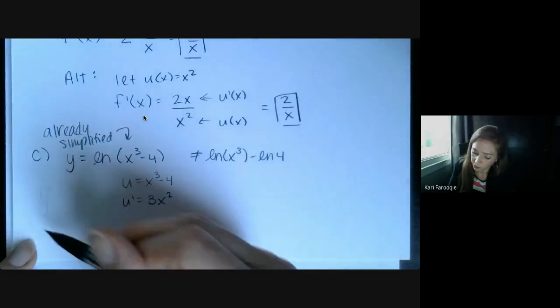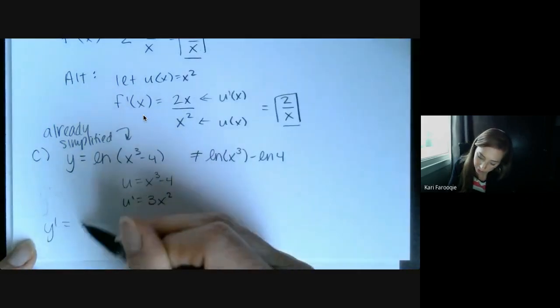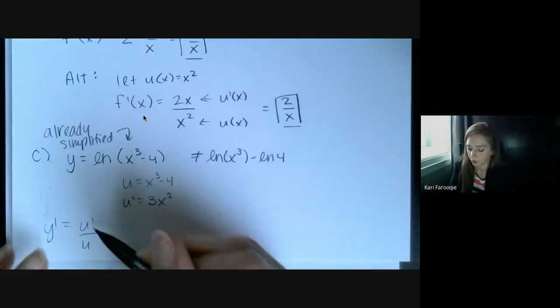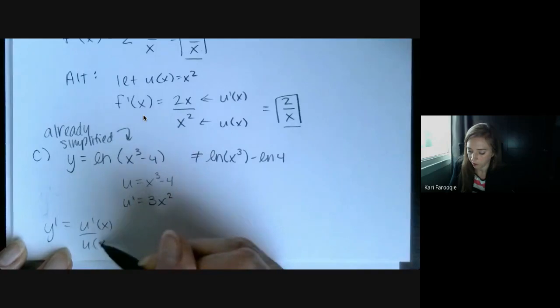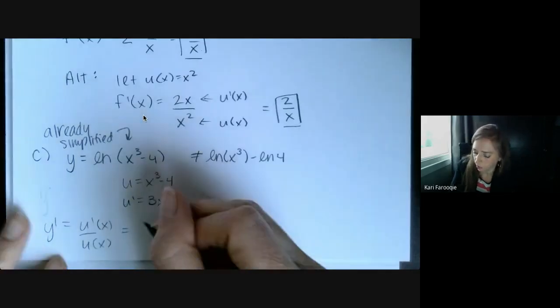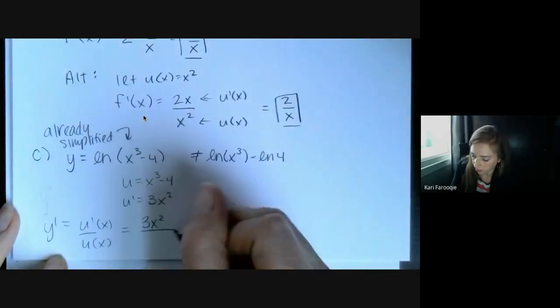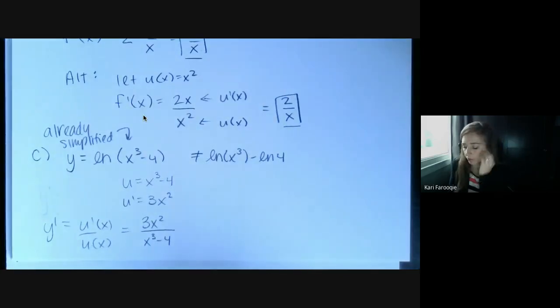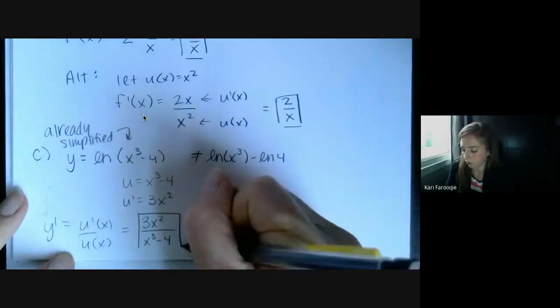Now for your derivative, y prime is going to be equal to u prime over u. If you like the x's, I'll pop them back in there for you. U prime over u is 3x squared divided by x cubed minus 4. Stick a fork in it.